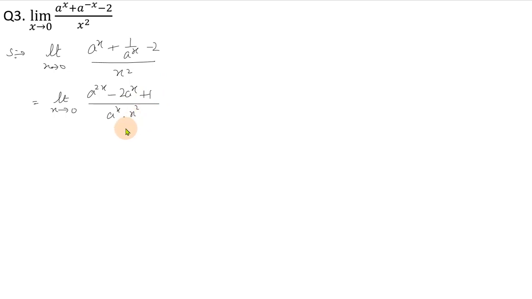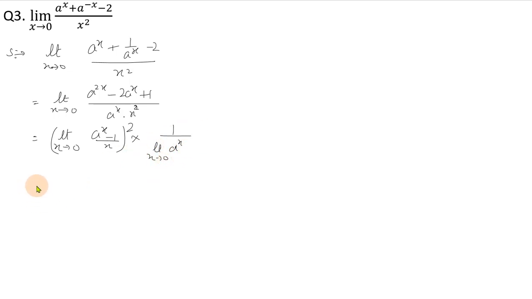Now you see the numerator here in this term is a quadratic in a power x, and we can write it as limit x approaches to 0, a power x minus 1, and this term again in the denominator is x square, so we can combine it with this term: a power x minus 1 upon x whole square into 1 upon a power x, limit x approaches to 0.